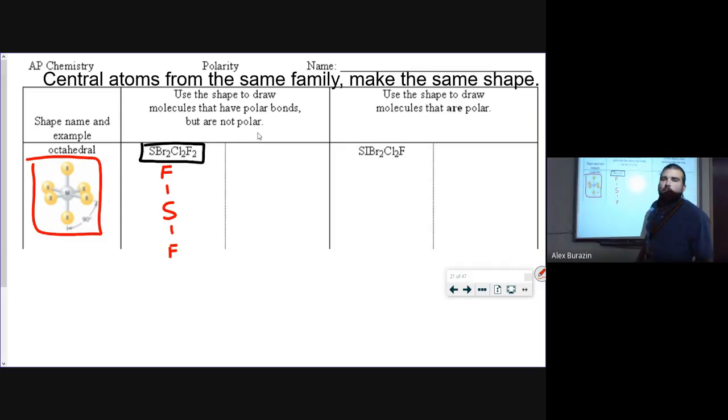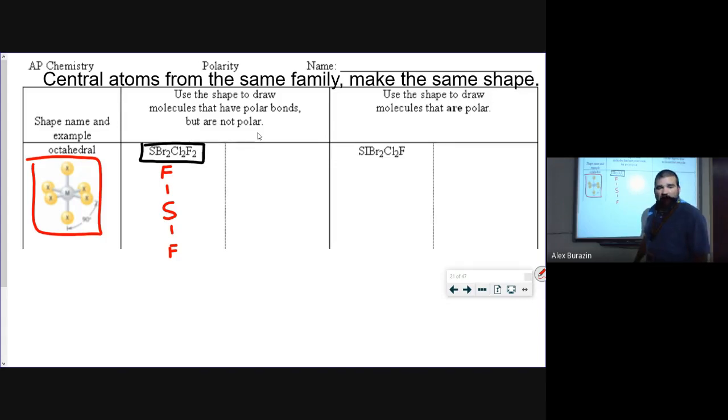The fluorine is more electronegative than the sulfur, and these electrons in that bond are being pulled upward towards the fluorine atom. On the opposite end of this molecule, I have a fluorine on the bottom. The electrons in this bond are being pulled towards the fluorine down on the bottom bond. And as a result, this fluorine would be partial negative and the sulfur would be partial positive.